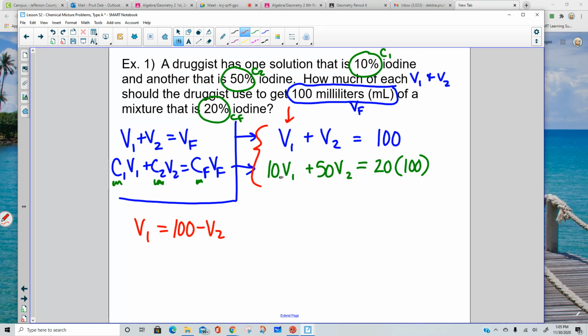Great. We're going to substitute now into the second equation right here. So 10 times our expression for V1. And I'm going to ask somebody here in a second to distribute that for me. So if you want to do that, you can raise your hand.